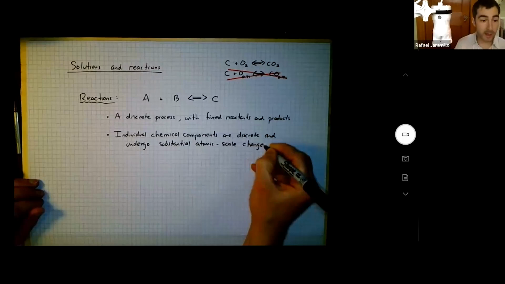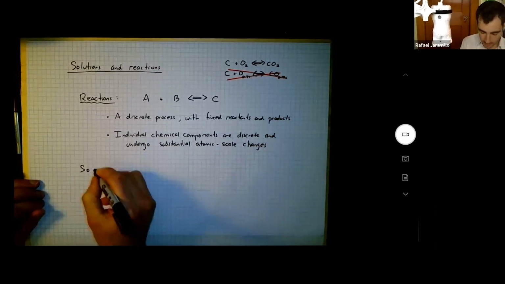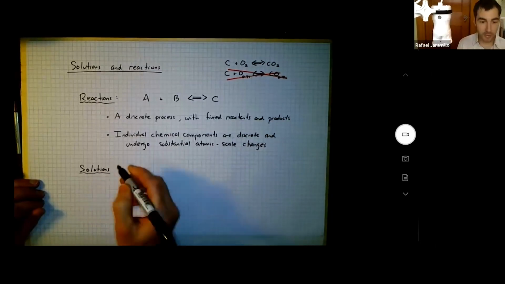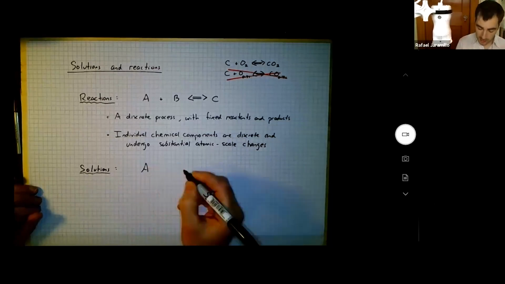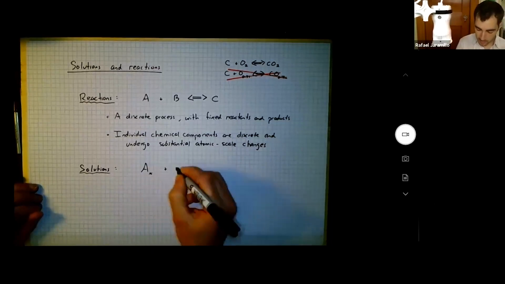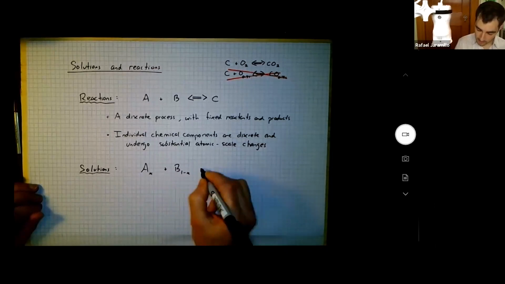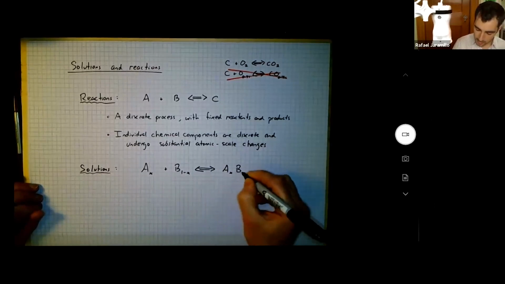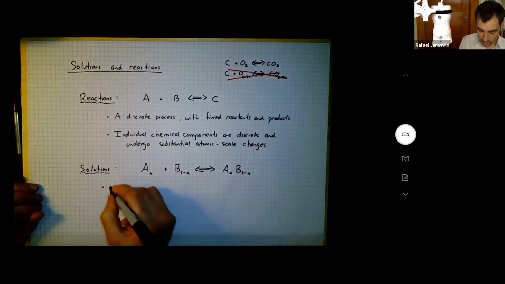So really there's some bonding going on, right? Bonds made and broken. And we're going to contrast this with solutions. Solutions, we talk about this, A sub x plus B sub 1 minus x, forming a solution, A of x, B 1 minus x. This is a continuous process.